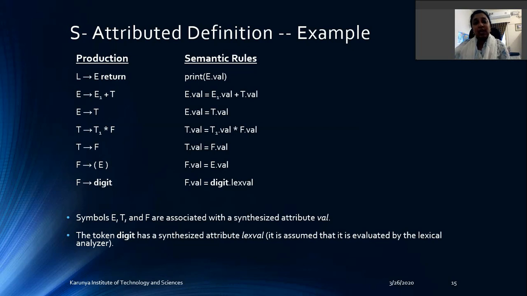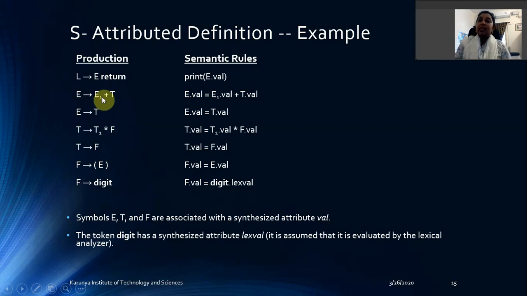But what about inherited attribute? In inherited attribute, it's not so. I can take the attribute value of the left hand side grammar symbol and also all the grammar symbols to the left of it, which means if I have to evaluate the value of t, I should know the value of its parent e and the left hand side grammar symbol e1.